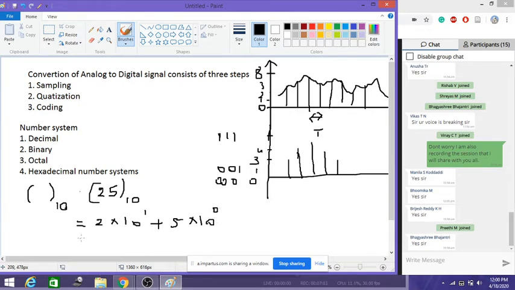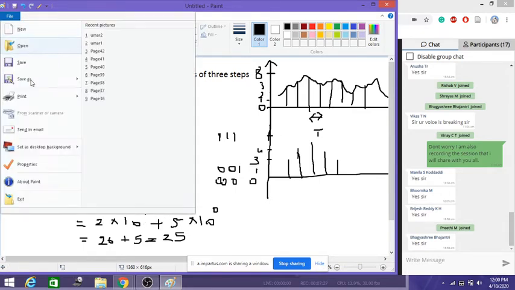When we simplify this, what do we get? We get 20 plus 5 equal to 25, right? This kind of representation means the units, tens, hundreds, and thousands. This is how we represent numbers in the decimal system, the basic decimal number representation.